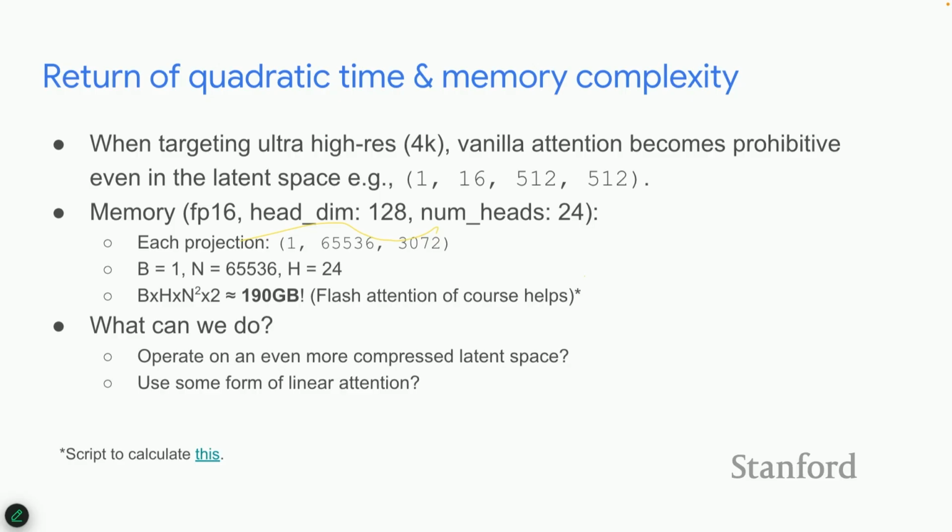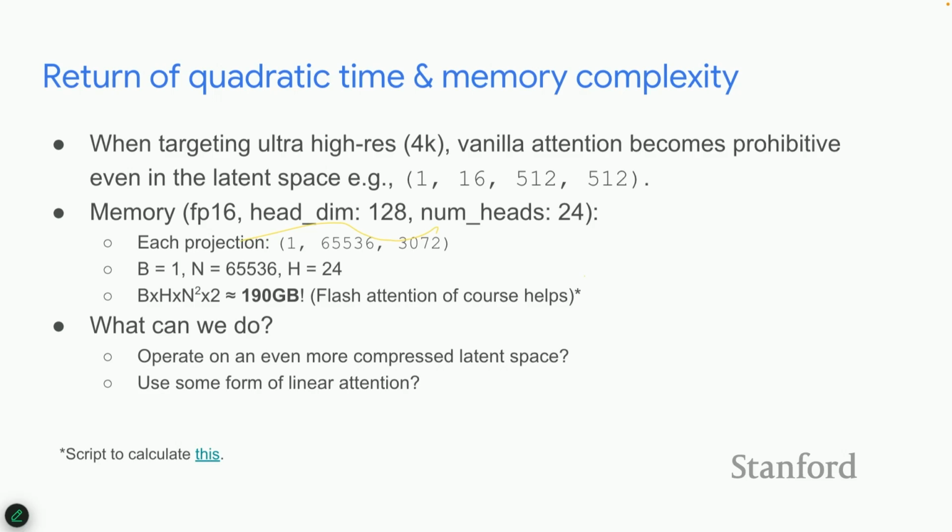Take a look at the dimensions of the latents. Let's say your number of latent channels is 16 and your latent dimensions are 512 by 512. It's still way too large, way larger than what we are used to seeing in the VLM space, right?